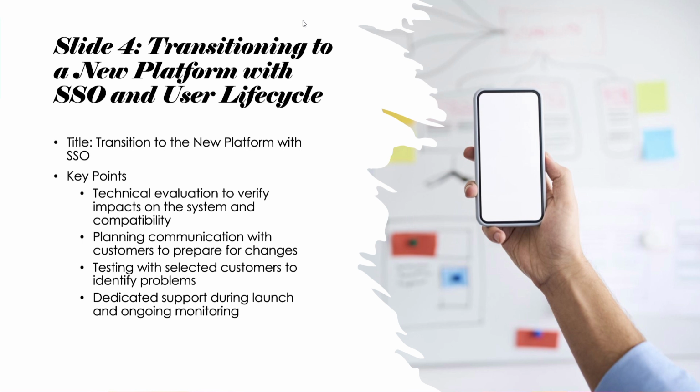We have to make a technical evaluation to verify the impact of these changes, and we have to make sure that we communicate this to the customers. This will inform the customers of the impending upgrade by providing general details and preliminary timelines.